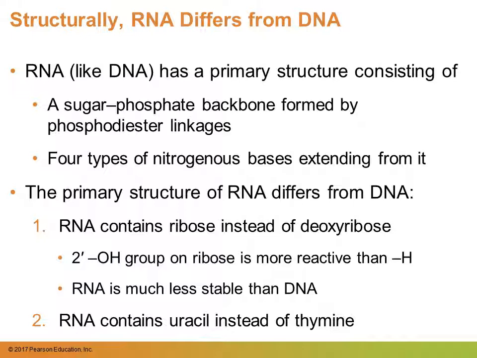The other major difference between the two is that RNA contains ribose as a sugar and DNA contains deoxyribose. So that is the second difference between the two. What's the third difference? The third difference is that instead of containing thymine, as DNA does as one of the four nitrogenous bases, RNA contains uracil.